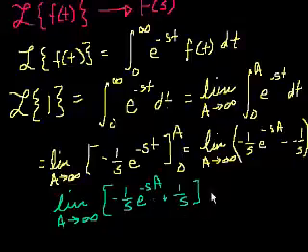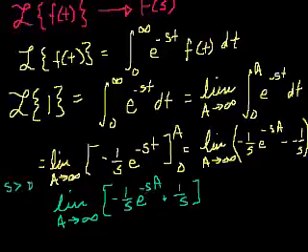So what's the limit as a approaches infinity? Well, what's this term going to do? As a approaches infinity, if we assume that s is greater than 0, and we'll make that assumption for now. Actually, let me write that down explicitly. Let's assume that s is greater than 0. Then as a approaches infinity, this term is going to go to 0, right?